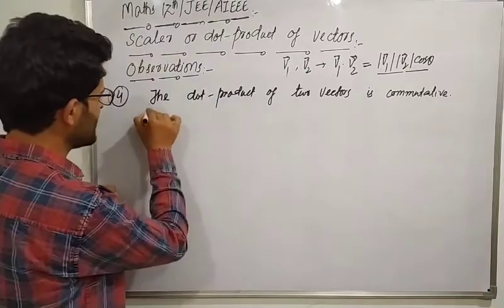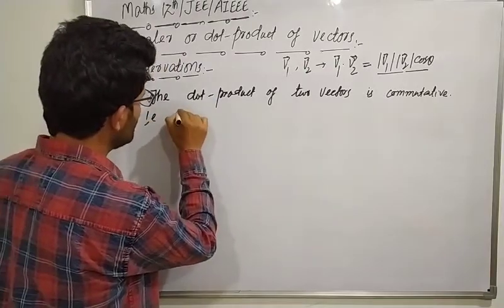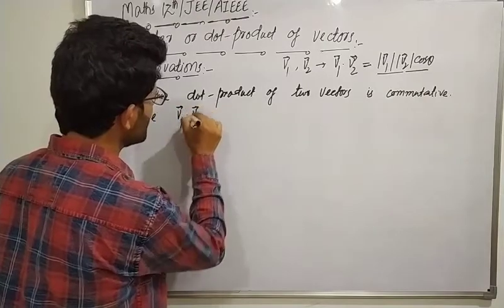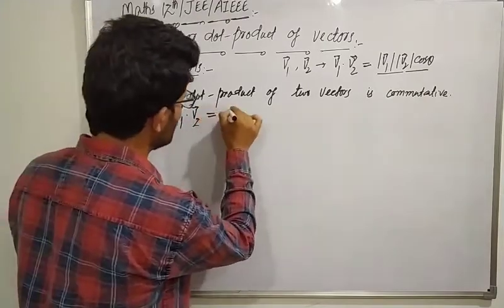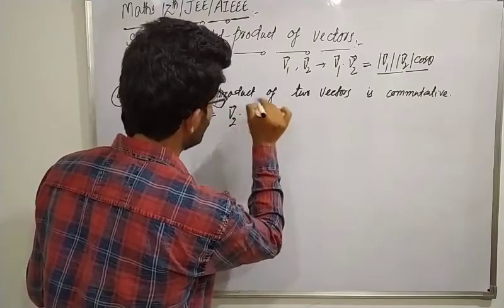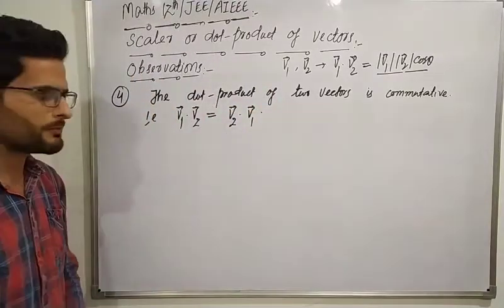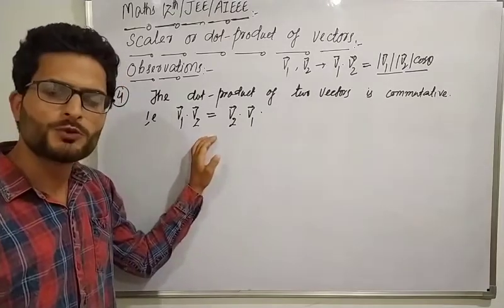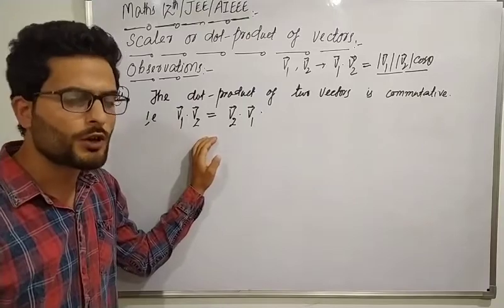तो इसका मतलब that is, if v1 and v2 are two proper vectors, then v1 dot v2 must be equal to v2 dot v1. That is, the dot product of two vectors is always commutative.